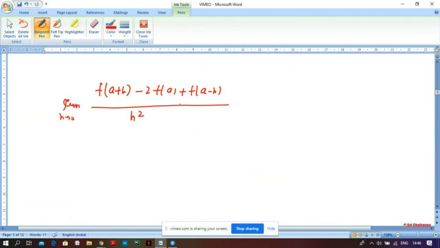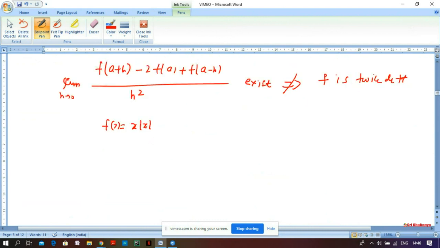We will prove that this limit exists. The existence of this limit does not imply that f is twice differentiable. No, it does not imply. The example will be f of x equal to x mod x, x modulus x. This is a good one. It builds on what we learned earlier.